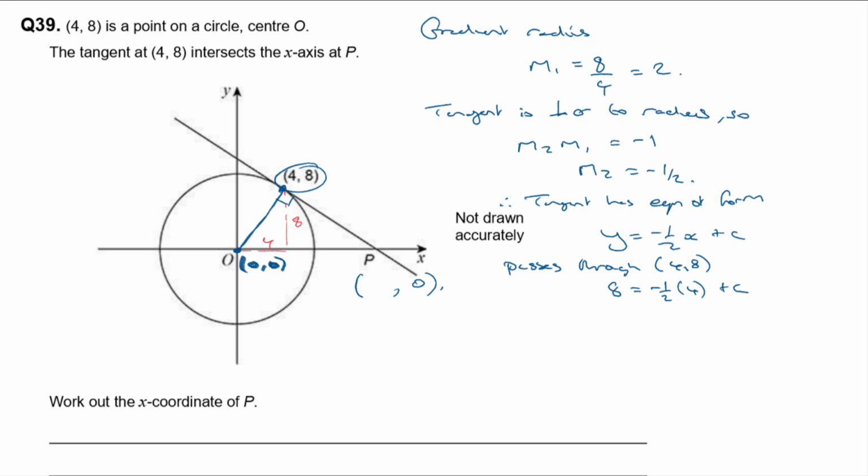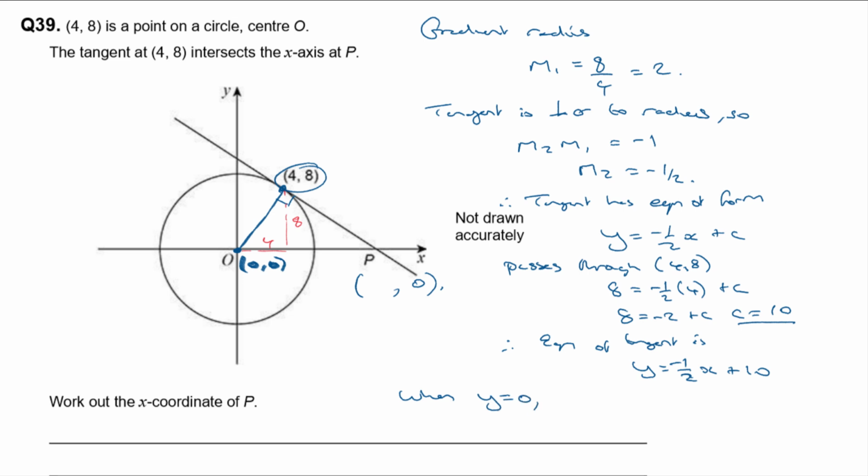So minus a half lots of 4 is minus 2. So 8 equals minus 2 plus c, and that makes c equal to 10 then, doesn't it? Okay, and therefore the equation of the tangent is y is equal to minus a half x plus 10. Okay, so now we've got the equation of the tangent. We want to find the coordinates of the point P, and we already know that the y coordinate must be equal to 0 because it lies on the x-axis.